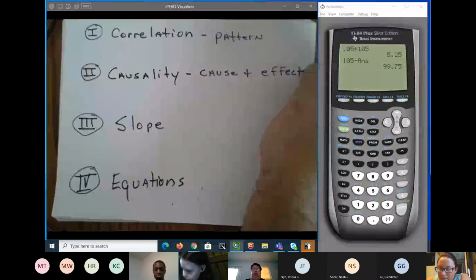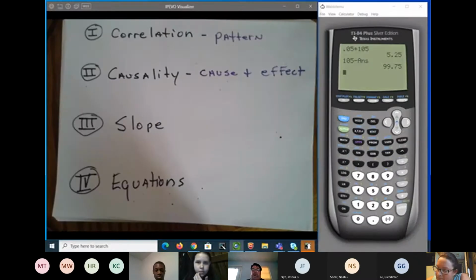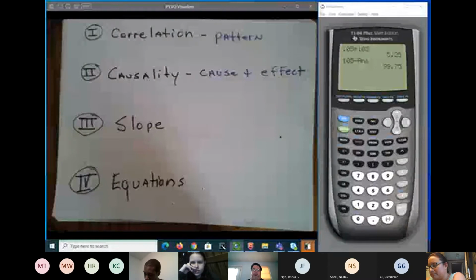Now, I will tell you right now, 4.1 and 4.2 is about 70% reading, context, and common sense, and only about 30% math.